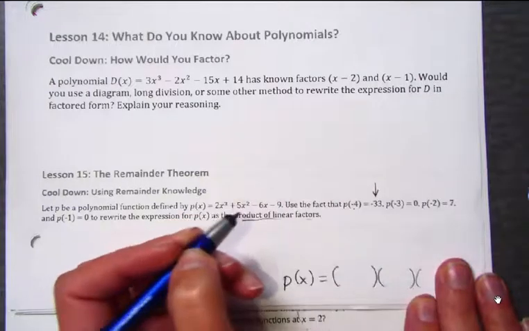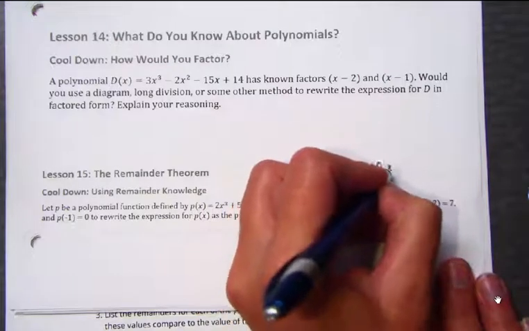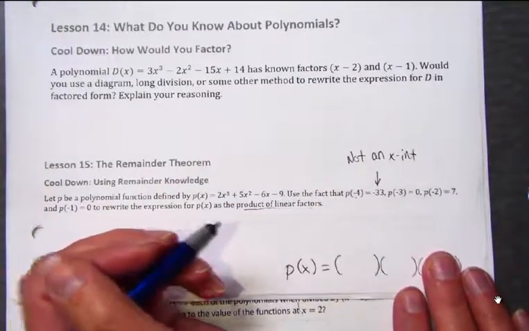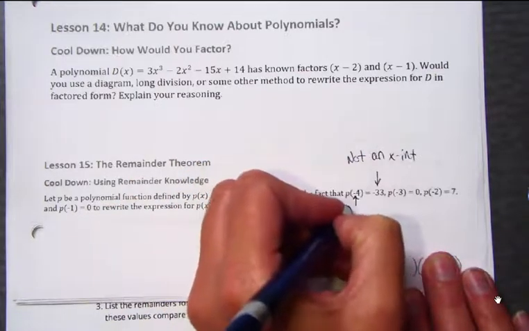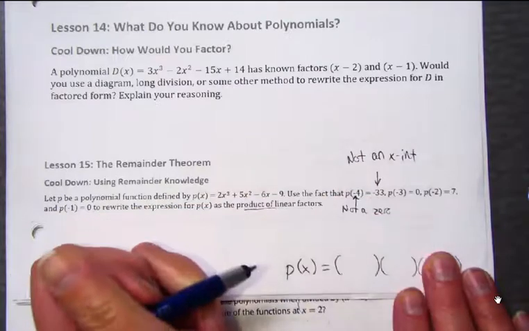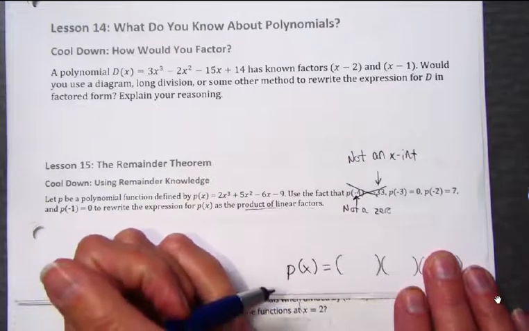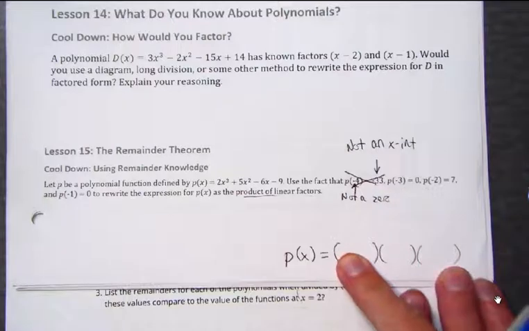If that is not a 0, that's not an x-intercept. That means this is not a factor, so I don't care at all. I don't care about that. That's not helpful for me to write any factors that I have here.